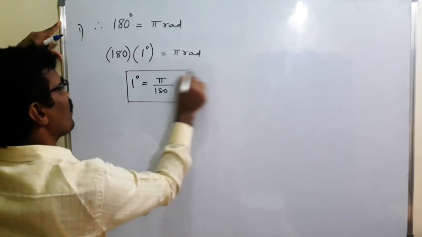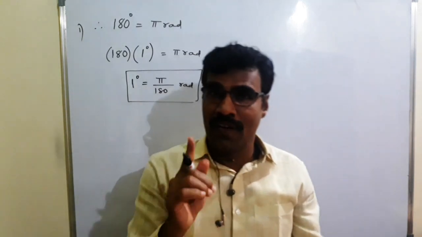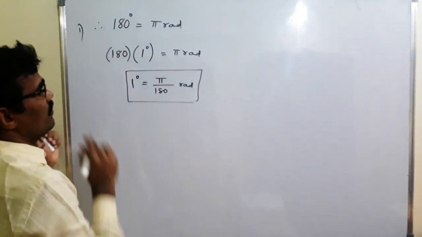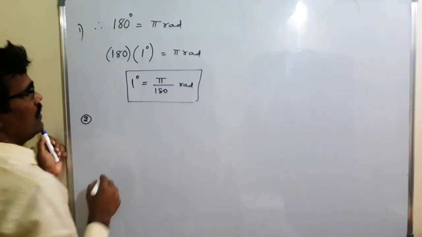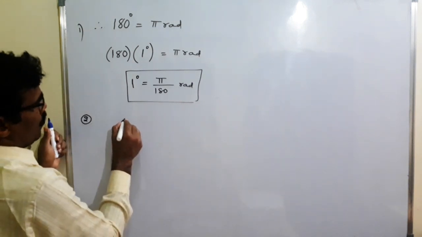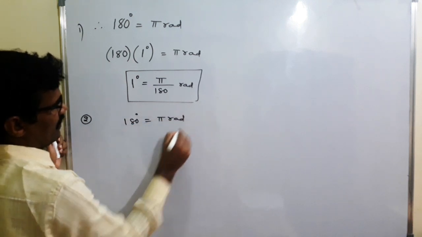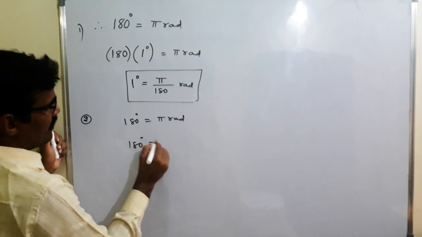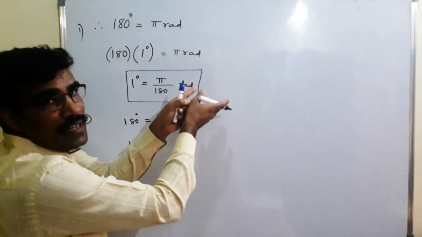This is the conversion of degrees into radian.